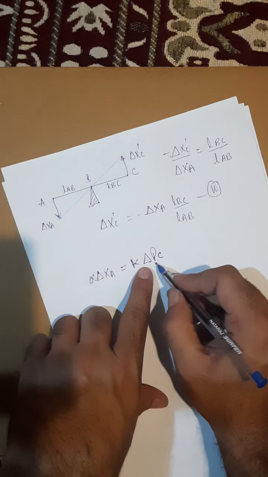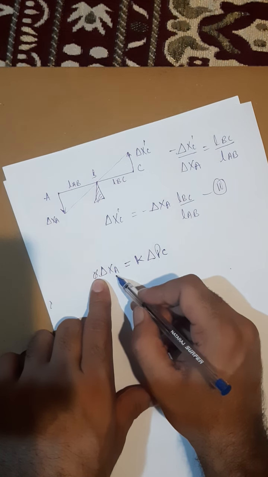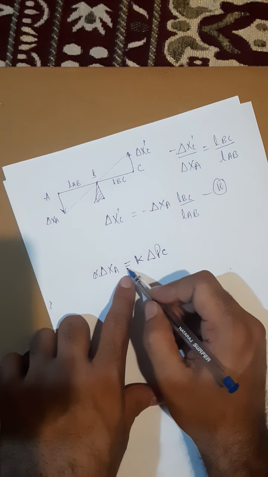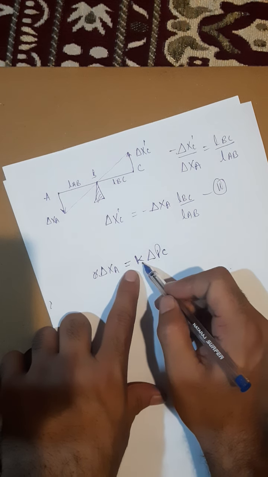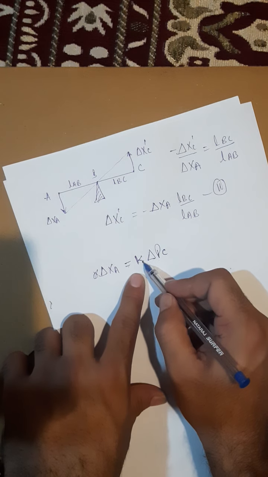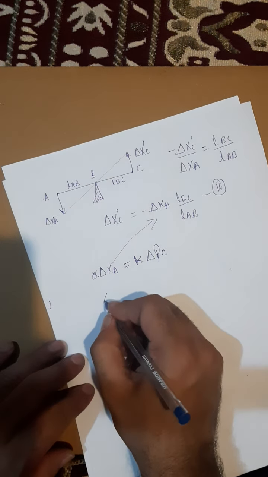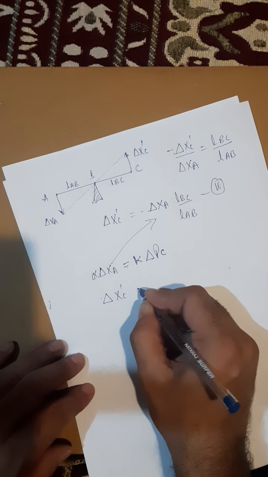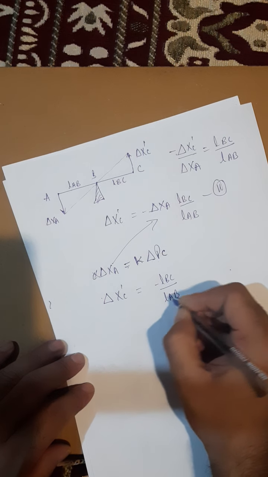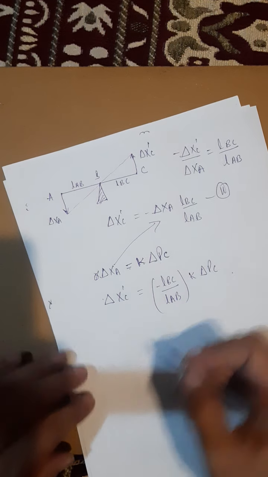For increasing the power output by delta PC, I have to move point A downwards. Removing the proportionality sign, I put an equal sign and write a constant of proportionality here. I will substitute XA from here to here. What will I get? Delta XC dash is equal to minus LBC upon LAB times K into delta PC.